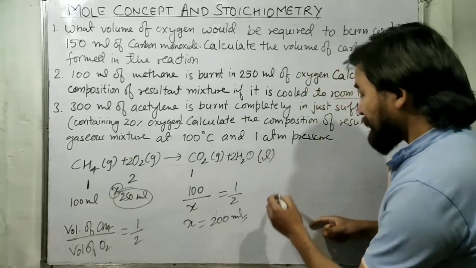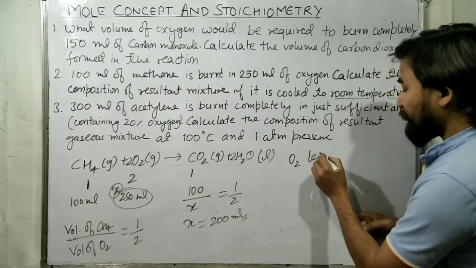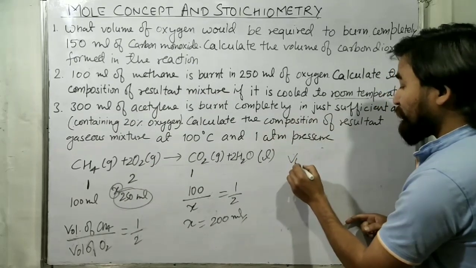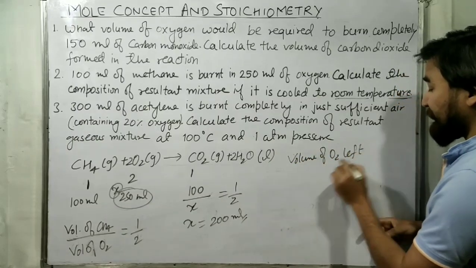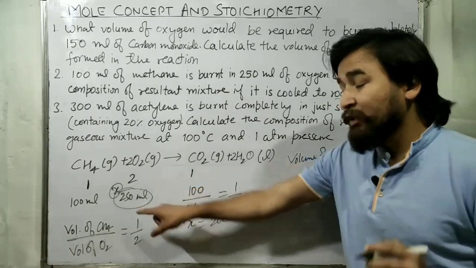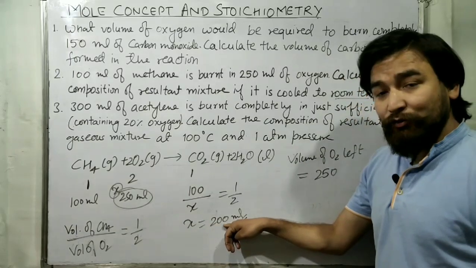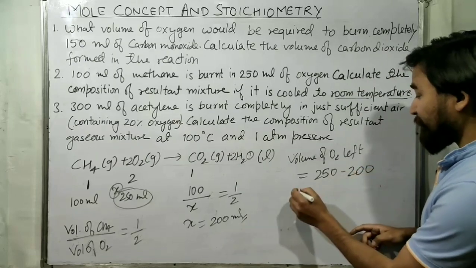So the amount of oxygen left, or the volume of oxygen left, is equal to 250, because we had 250 ml of oxygen, minus how much volume of oxygen is used in the reaction, that is 200.